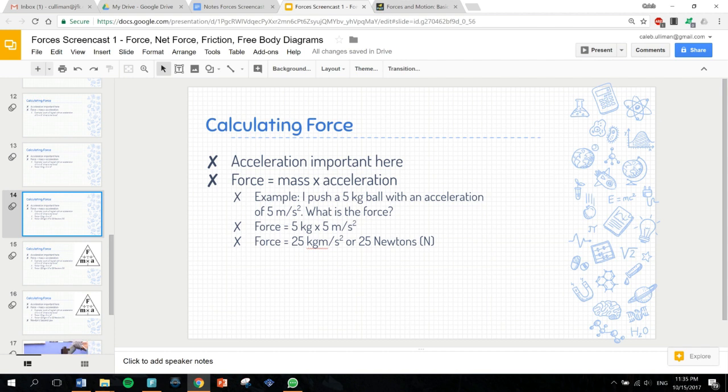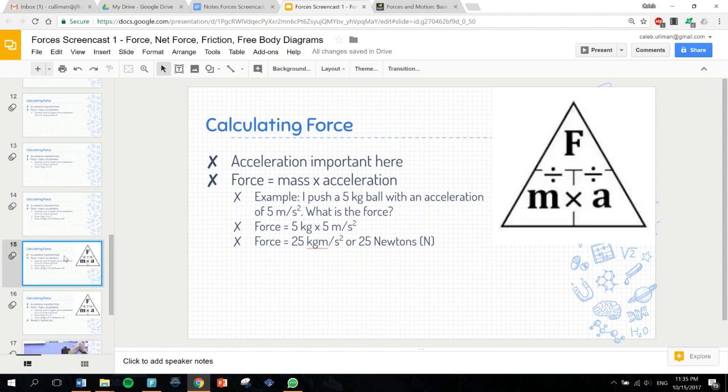The unit for force is a newton, and a newton is equal to 1 kilogram meter per second squared. That's just how the units work out. We have the lovely force triangle, which you'll be able to use to calculate mass from force and acceleration, or acceleration from force and mass. And this is Newton's second law.